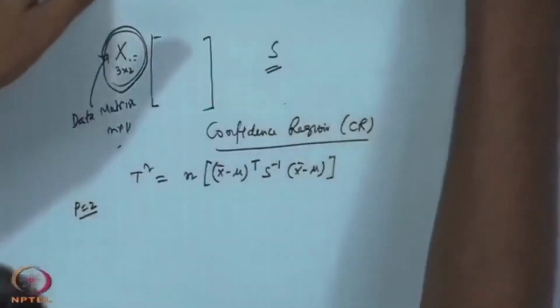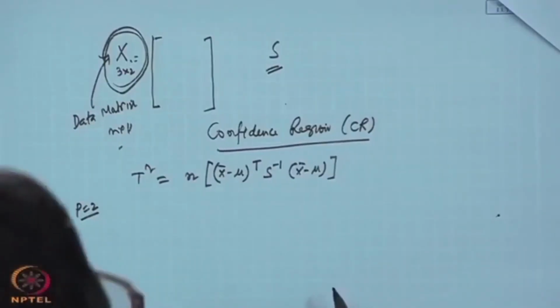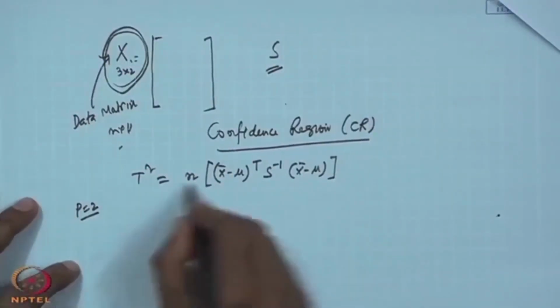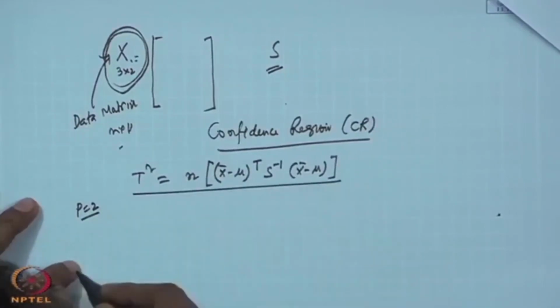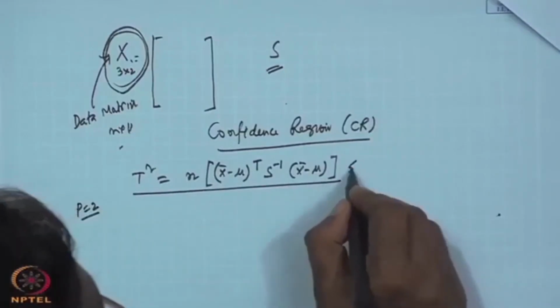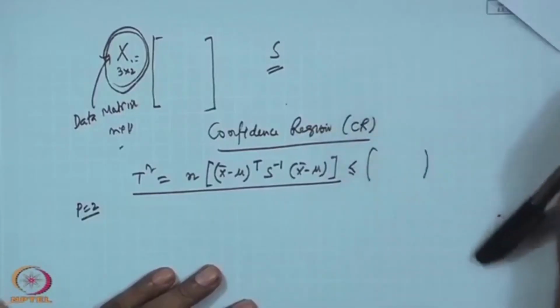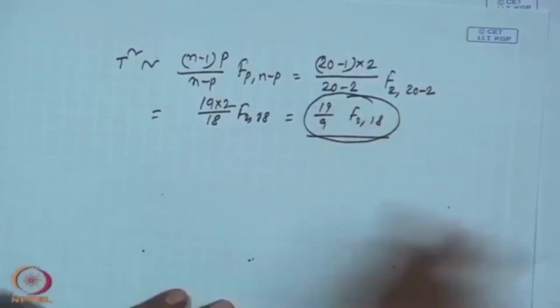So, in the 2 dimensional case it will be an equation of an ellipse, and you know what it will be in the multi-dimensional situation. What we want to say is that the T square value will be less than or equal to the required probability. What is the probability distribution here? Your probability distribution is this.